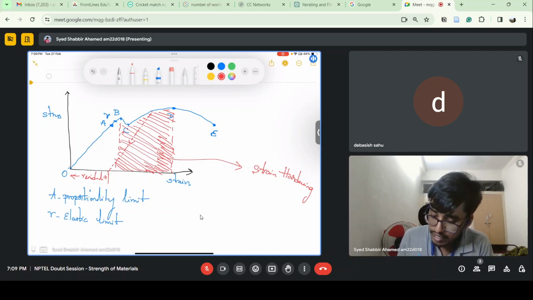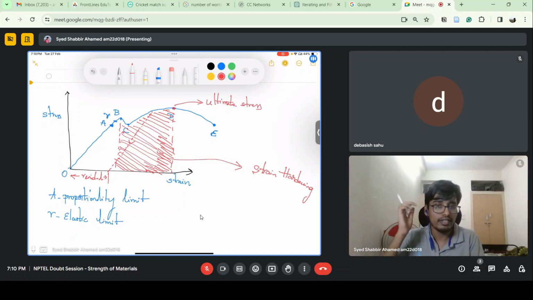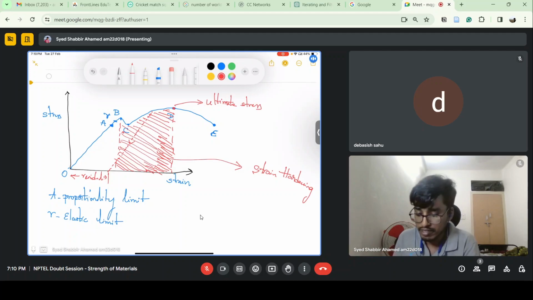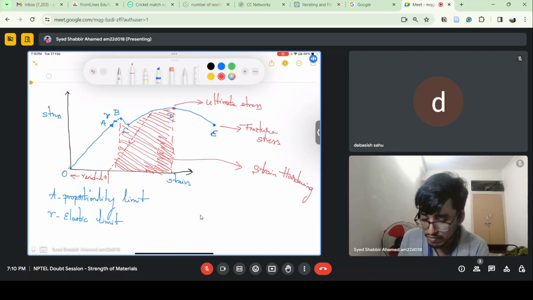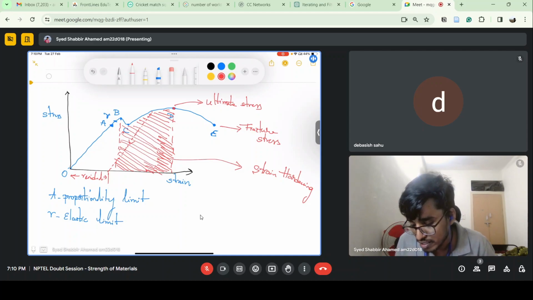And this point, point D, is called the ultimate stress point, because this is the highest stress when we do the experiment on the specimen. Then we have finally the fracture stress, or the failure point, at which the material fails. From this you can see there is a slight drop in stress from ultimate stress to fracture stress, and this region is called the necking zone.